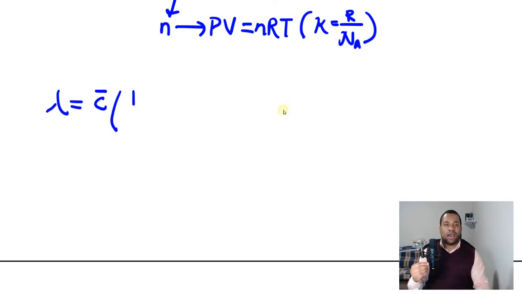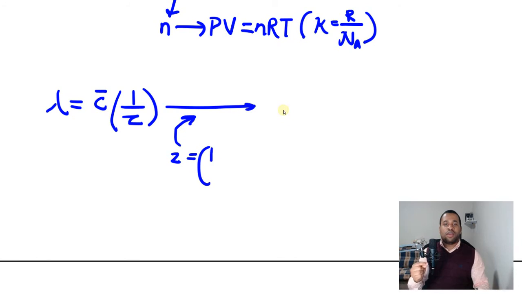Take note that based on the expression for our lambda, which is equal to the specific mean speed multiplied by 1 over Z, we know that by combining the following equations, which is 1, where our Z is equal to, based on our previous video, the pressure divided by our Boltzmann constant multiplied by the temperature, and this is all multiplied by our specific cross-sectional area and the relative mean speed.